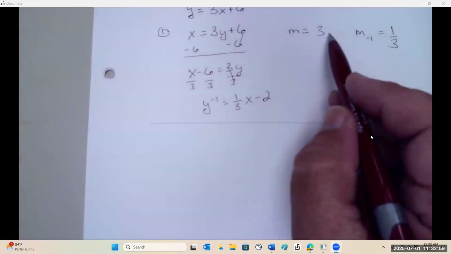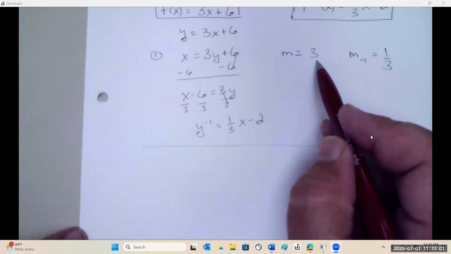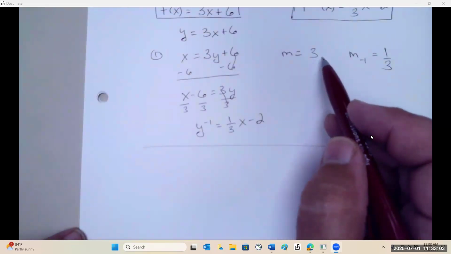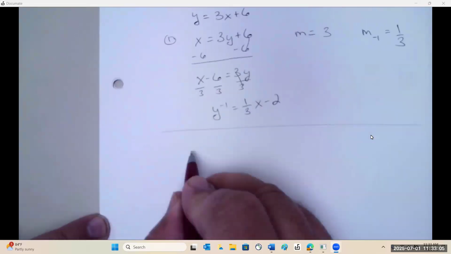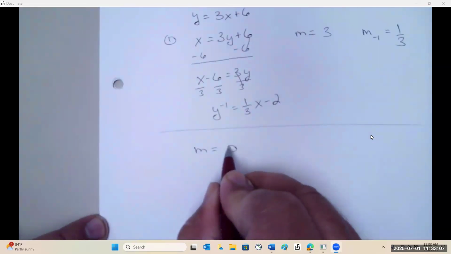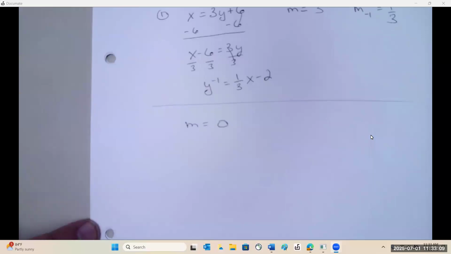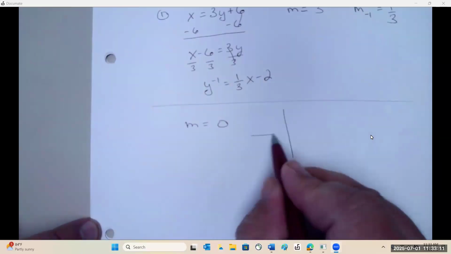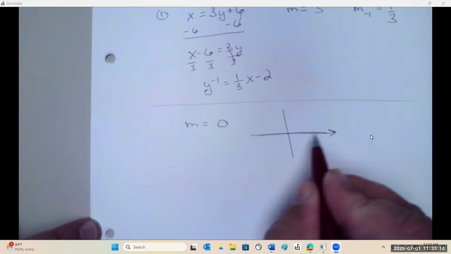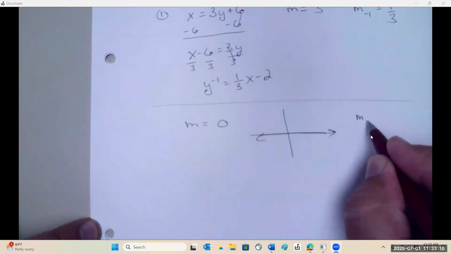Because up until now, all the slopes are non-zero. Why is that? What if we had a slope of 0? What does that graph look like? It's the x-axis. What's the slope of the inverse?